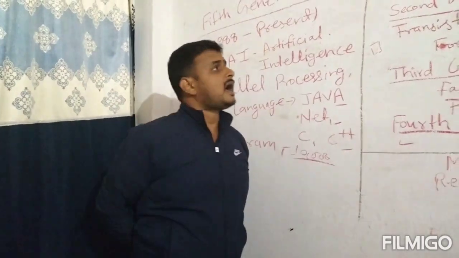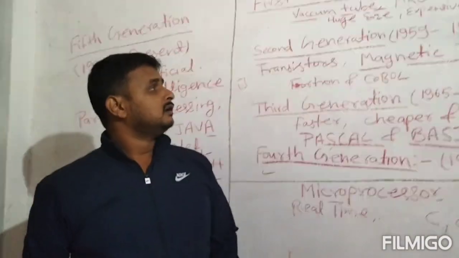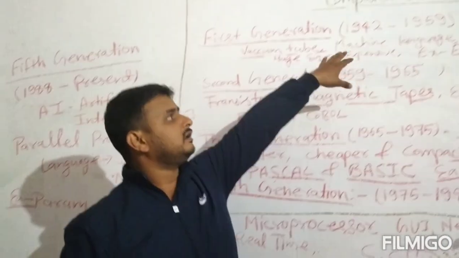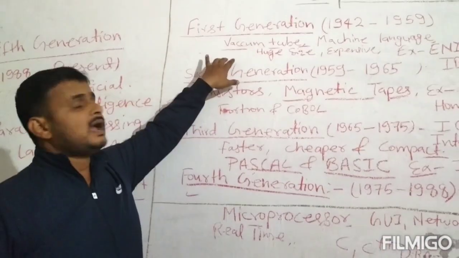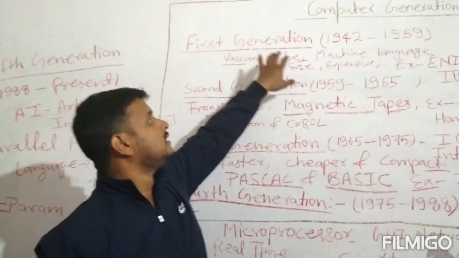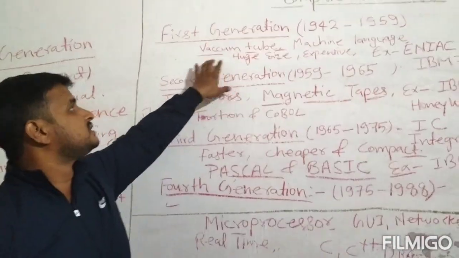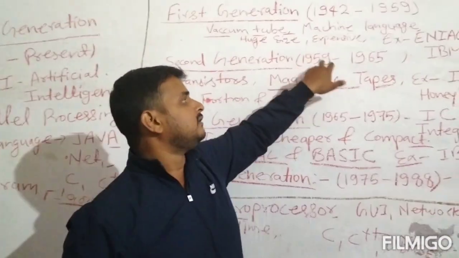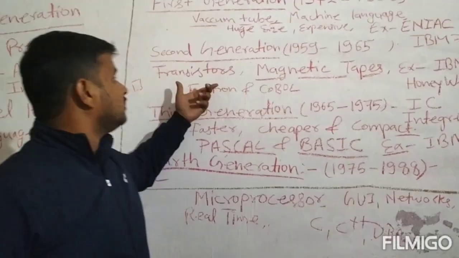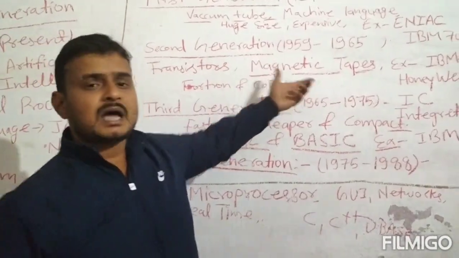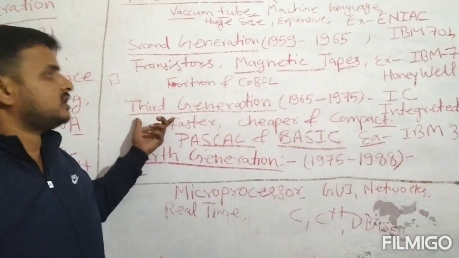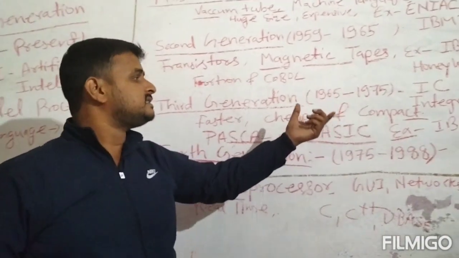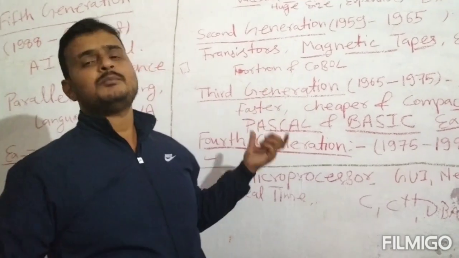I hope you understand the computer generations. The first generation is from 1942 to 1959, and the vacuum tube is the main component used. The second generation, from 1959 to 1965, used transistors and magnetic tapes. The third generation computers, from 1965 to 1975, used the IC, integrated circuit, as the main component.